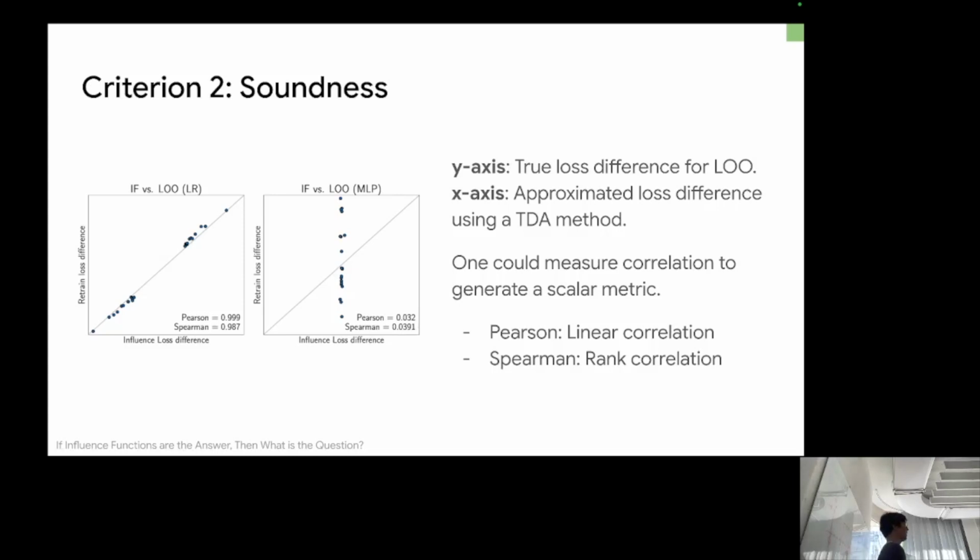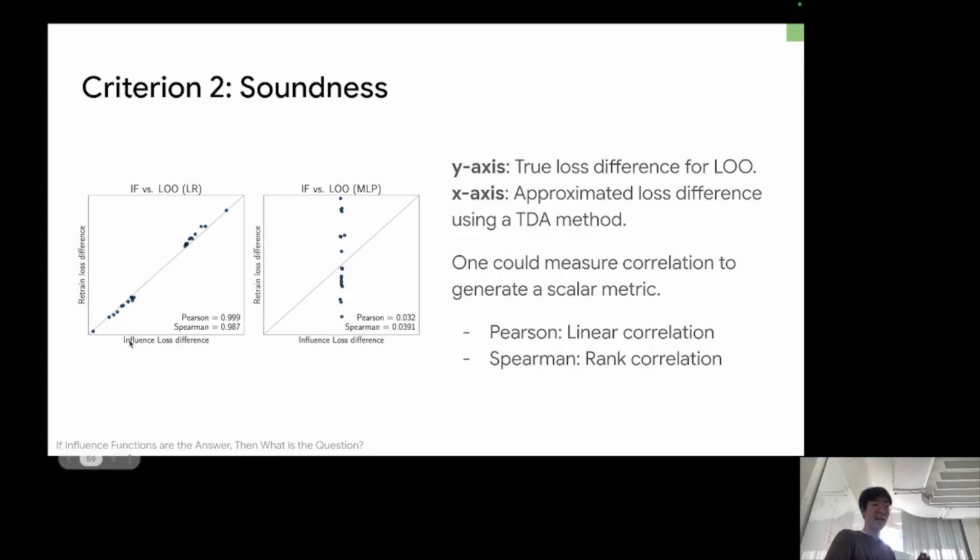I think what's probably more important is the soundness evaluation, how people do it. Obviously there's a ground truth, right, of just removing that sample and retraining the whole model. And of course, you can compare the score between what happens if you really do that, this huge computation, versus some approximation.